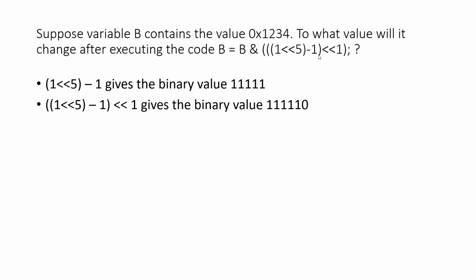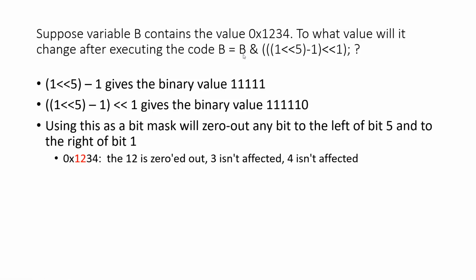And then we're doing an AND. So we're bit masking. That's going to leave bits 5 down to 1. Whatever b had in bits 5 down to 1 will be retained, and everything else will be masked off.